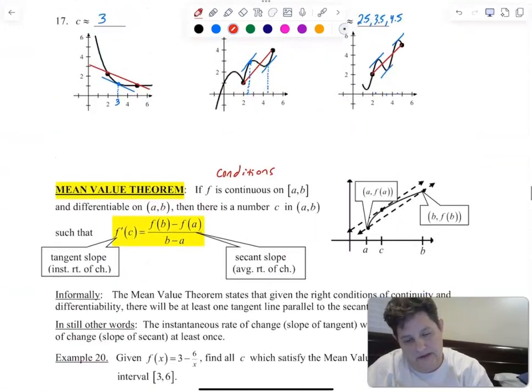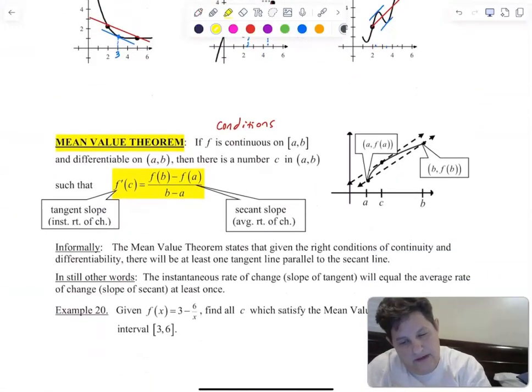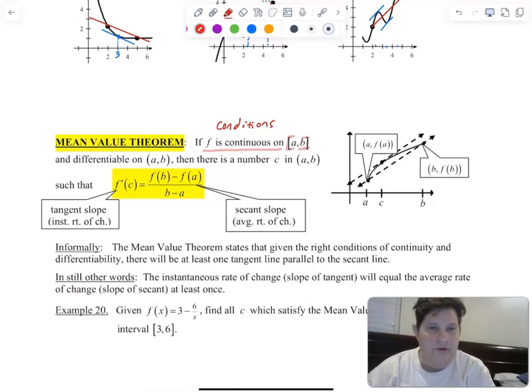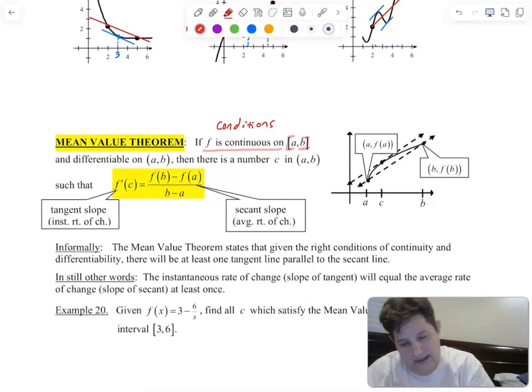So let's read. The conditions say f has to be continuous on the closed interval a to b. That means it has to have endpoints, right? Like that one graph we saw, it didn't have an endpoint. And it has to be differentiable on a to b. What does that mean, differentiable?